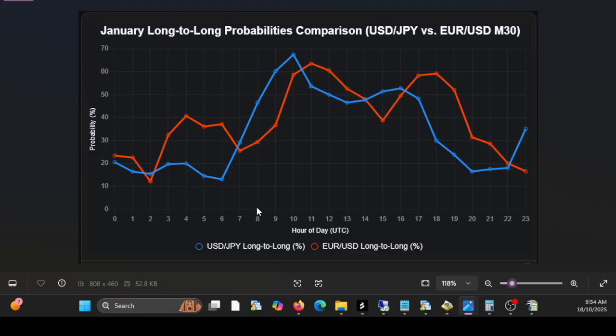And these are charts for the yen. The blue one's a yen, and the orange one's a euro. They're a bit offset because of trading sessions, but they all follow the same sort of pattern.